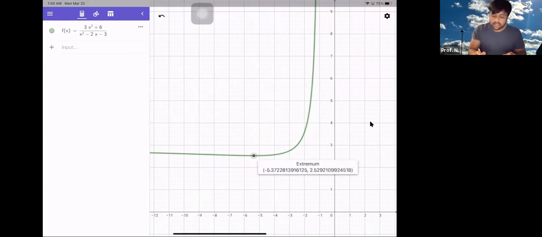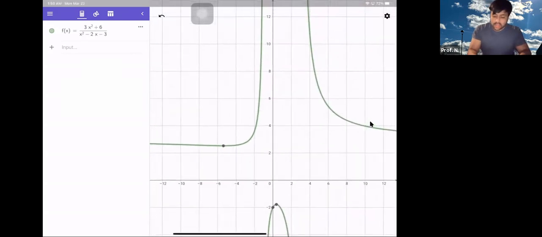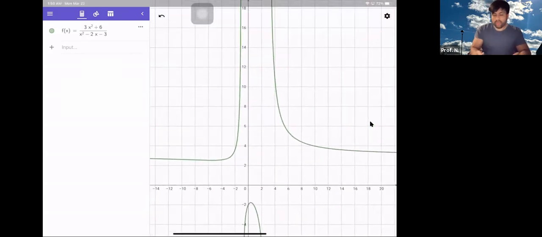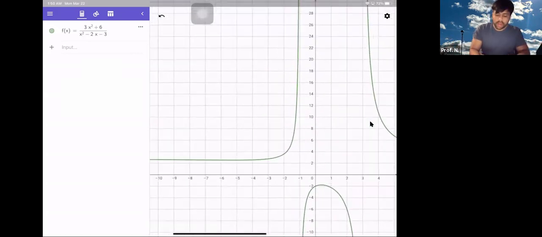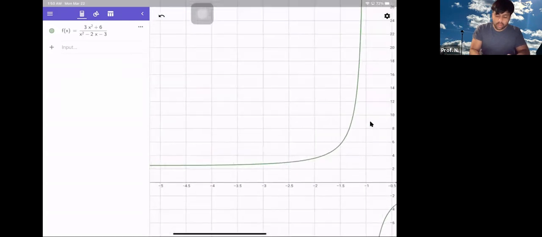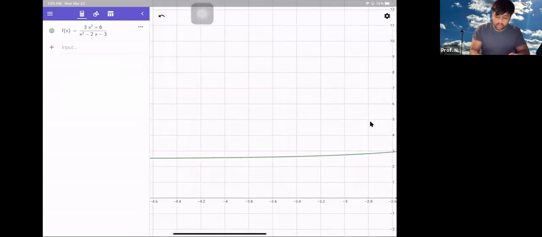And you see here, this is negative 5.37, and this is 2.529. So you can see that out of the left curve and the right curve, the smallest, or the boundary for the y values, occurs.